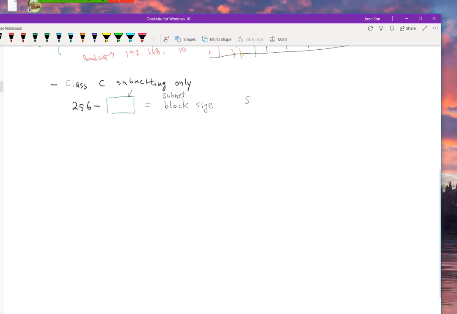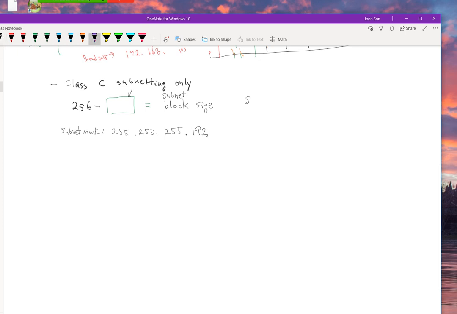For example, the subnet mask given is 255.255.255.192, in our case.